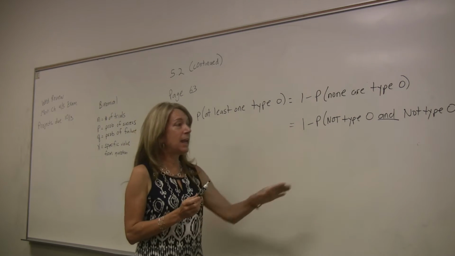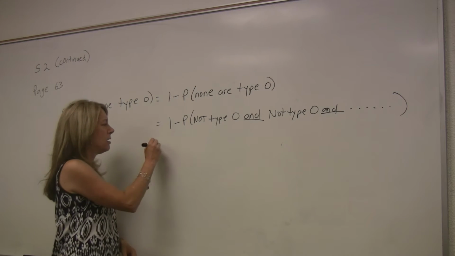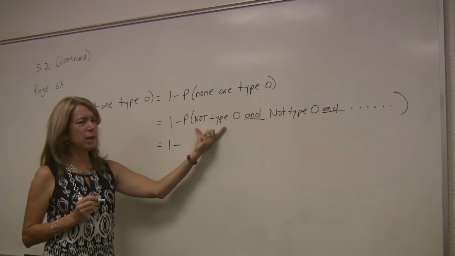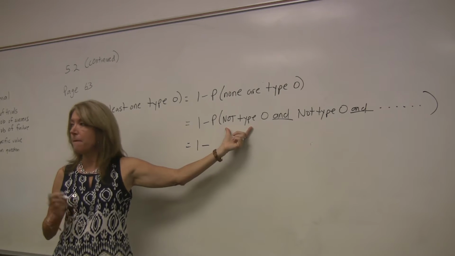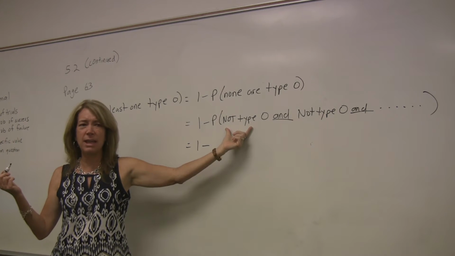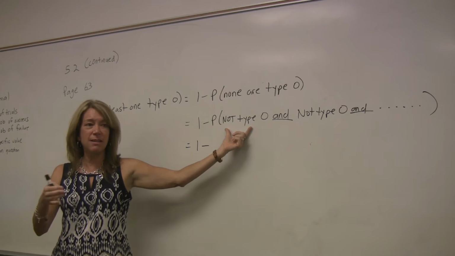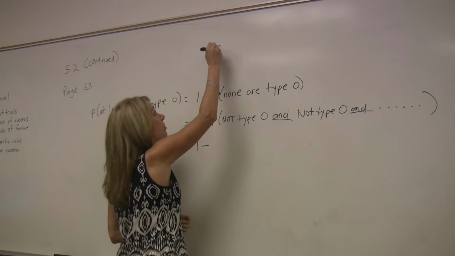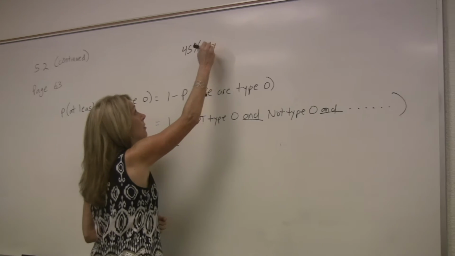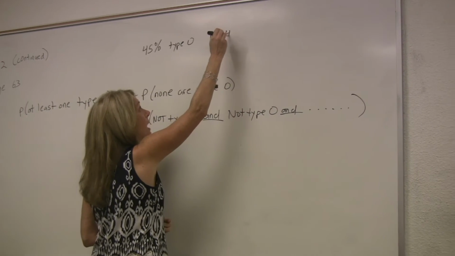Okay, and when it's an "and," we do what? Multiply the probabilities. Well, what is the probability that one person is not type O? 55%, he says. Where do you get that? Because 45% is the probability that you are type O, right? If 45% are type O, that's a probability equal to 0.45, right?